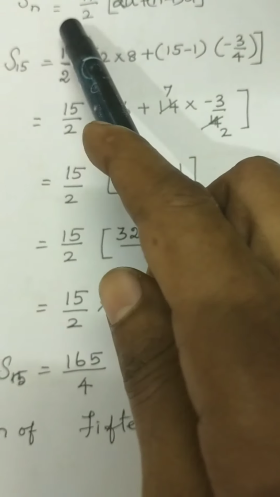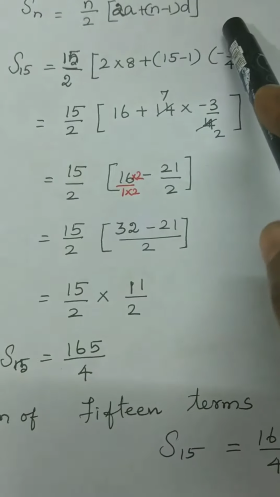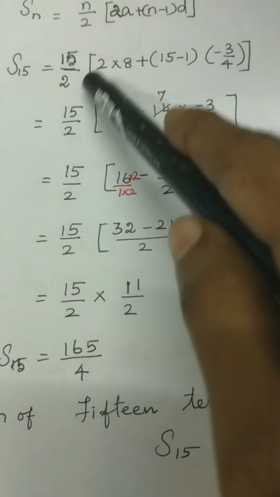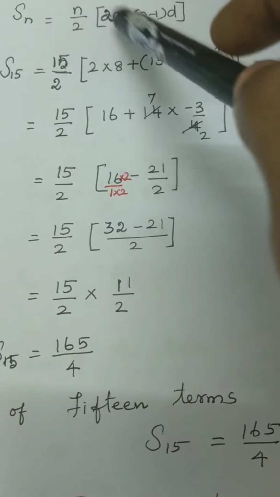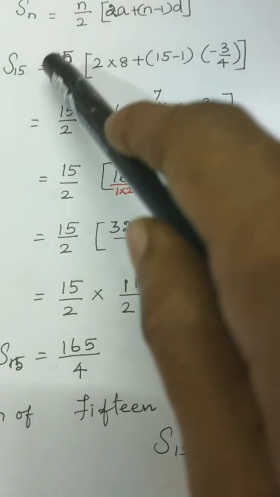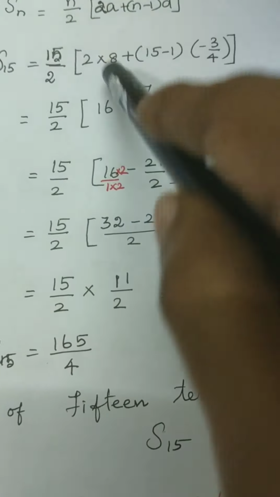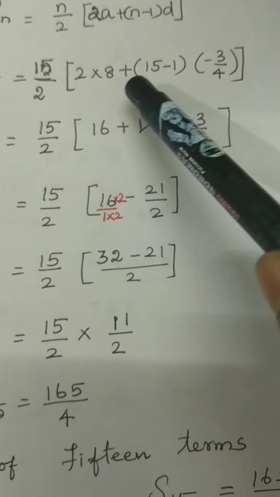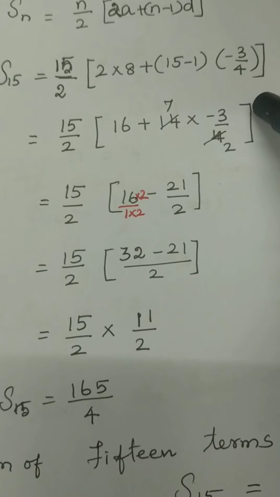Now, Sn is equal to n by 2 into 2A plus n minus 1 into D. This is the formula. Here we have to substitute the values: 15 for n, and A we know is 8, plus 15 minus 1 into D, which is minus 3 by 4.